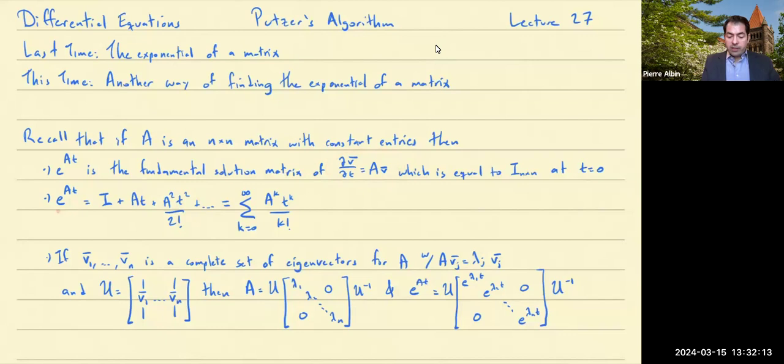On the other hand, you can compute the exponential using this series, although that's difficult because most of the time it's really hard to know what the terms of A to the k are, what the individual entries in that matrix are equal to. A third approach which works great if you can find a complete set of eigenvectors is you can diagonalize A, and then it's very quick to compute the exponential, right? So that's where we're at right now.